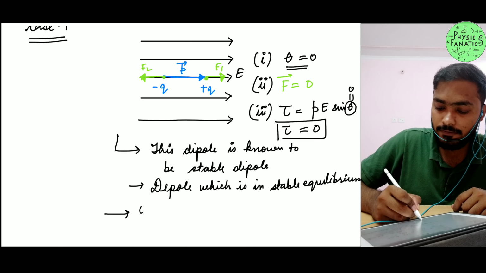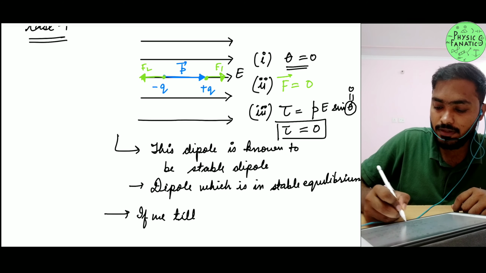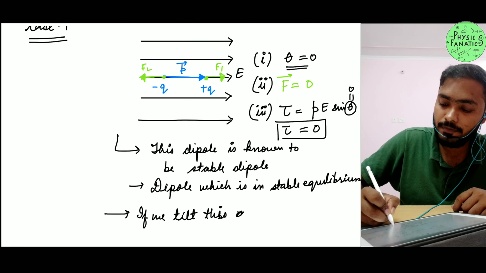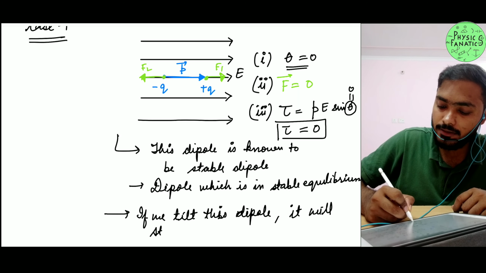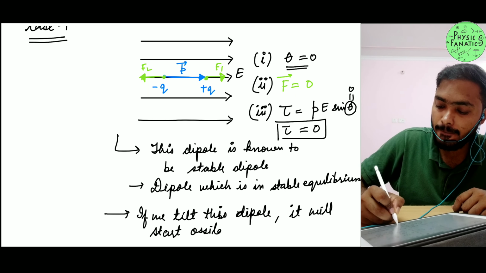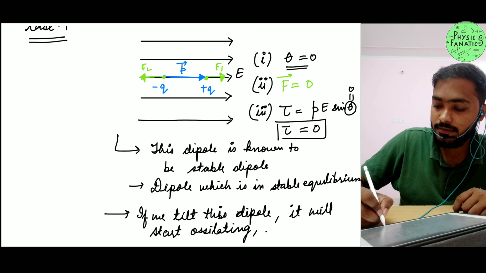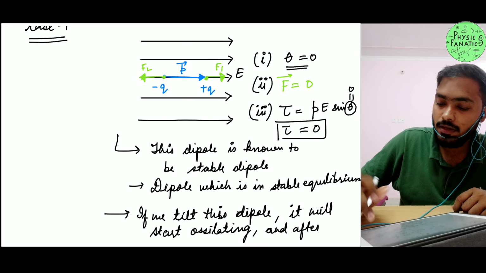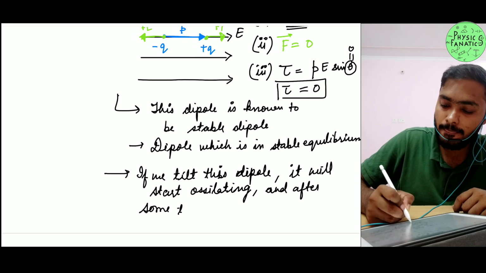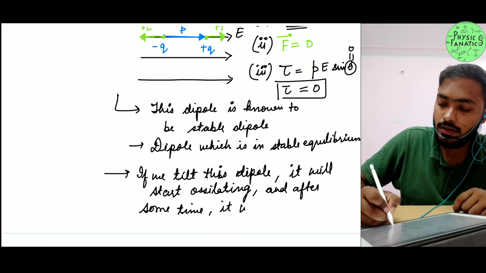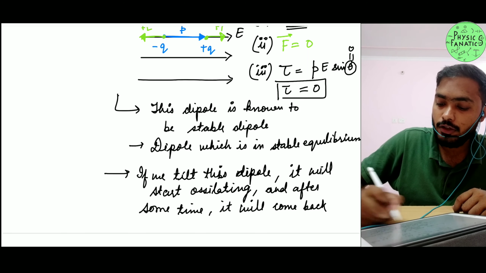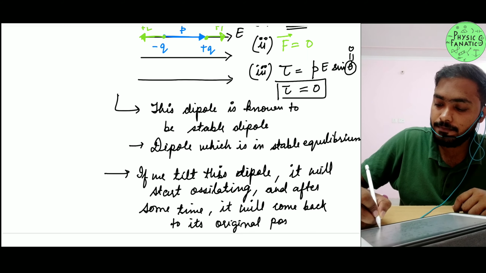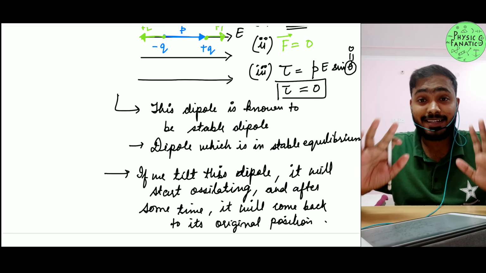So you guys write also, if we tilt this dipole, it will start oscillating, and after some time it will come back to its original position. Alright, I hope that is understandable, right?